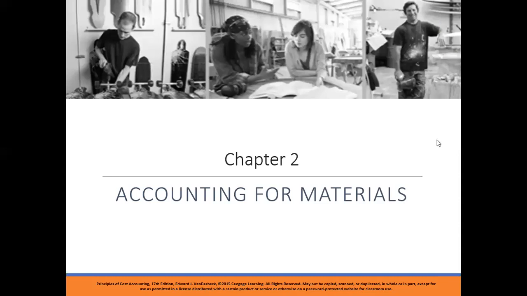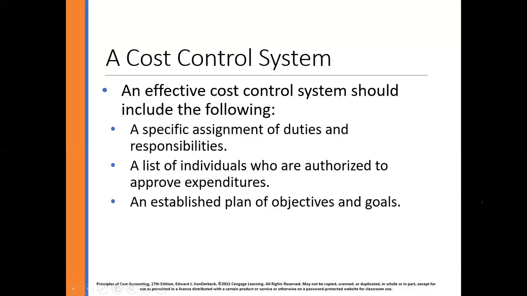Okay, so chapter 2, accounting for materials. Again, the cost control system and how we put controls into place to determine these costs and to control material cost is that there's always the separation of duties, a specific assignment of duties and responsibilities, whether this is the purchasing manager, the stockroom manager, or the production manager, right?